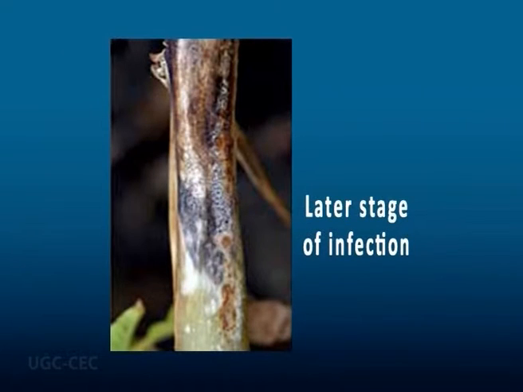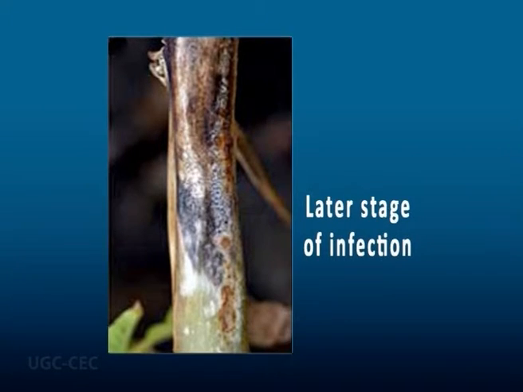Lesions on maturity develop circular to irregularly shaped white to straw-colored centers with wide margins that vary in color from brown to black. Microsclerotia form in the center of the lesions and are often clearly visible against a pale background.